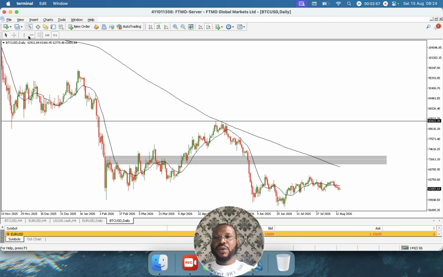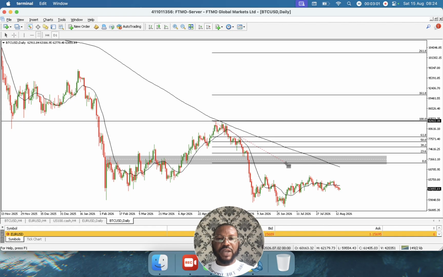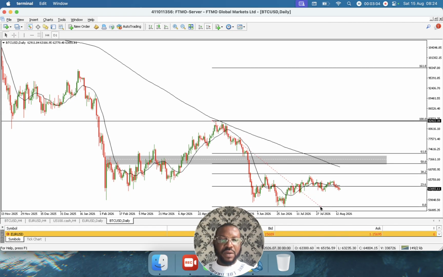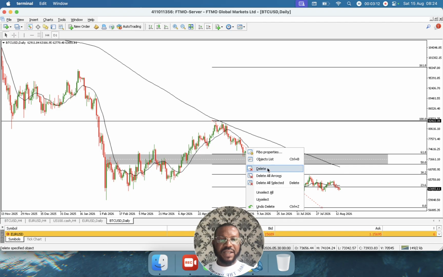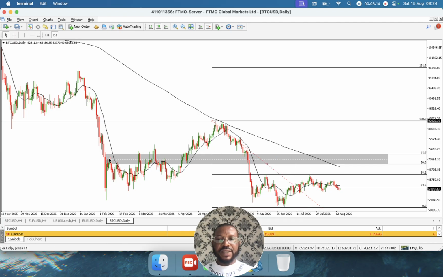So if I take my Fibonacci from this swing high to this swing low, you can see that this area is in line with my Fibonacci 50, 61.8. Cool. So I've seen that this area is a good area of value, acted as a resistance, support, and is a good Fibonacci 50, 61.8.